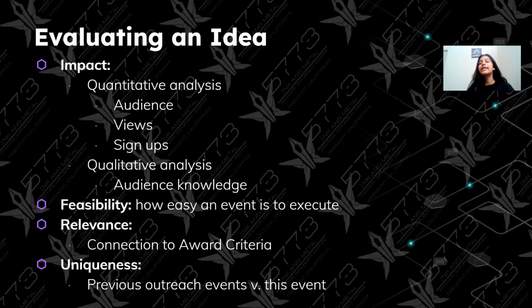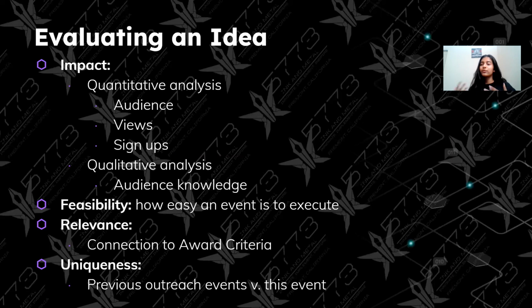So how easy is the event to execute as a result of considering all the steps that it takes to execute that event properly and get the outcome that we would like. Relevance, so connection to the award criteria.